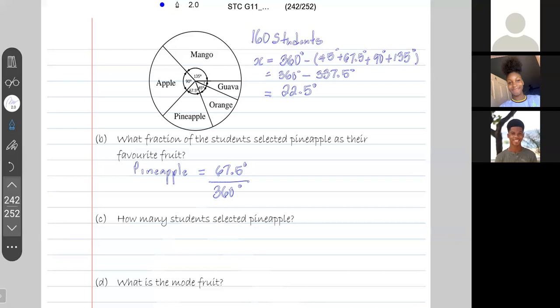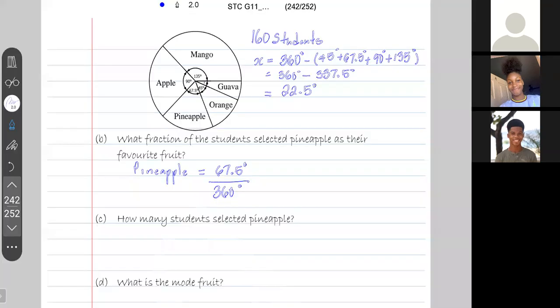So we have 67.5 divided by 360. You'd have to use your calculator, and 67.5 out of 360 reduces to 3 out of 16.